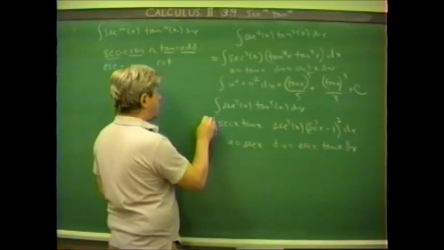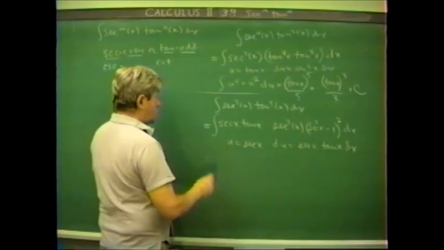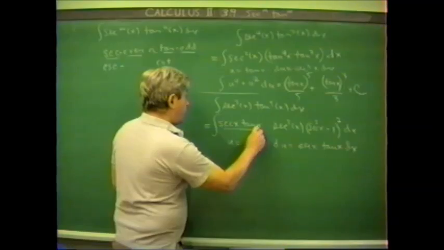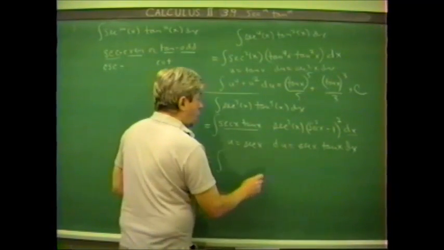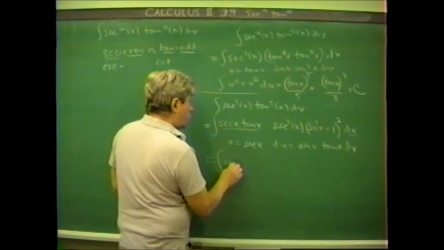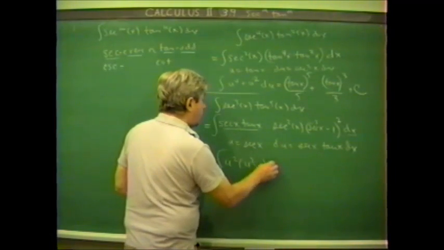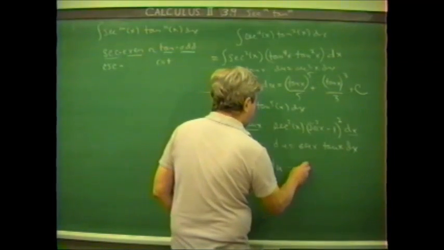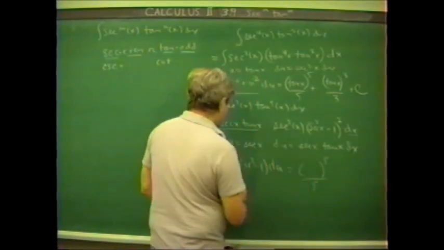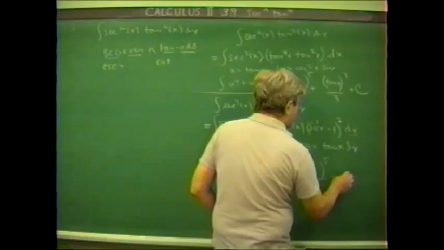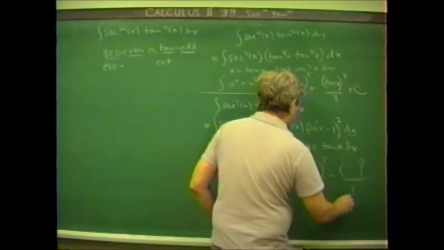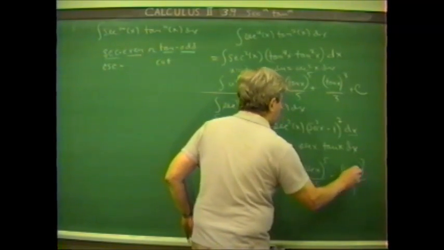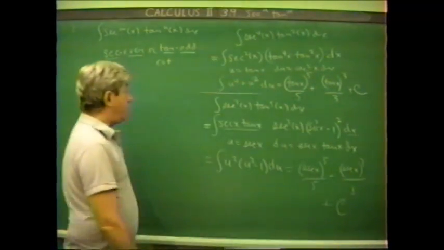And this then becomes, here's du, and we've got u squared times u squared minus 1 du, which is u to the fourth minus u squared. The antiderivative of u to the fourth is u to the fifth over 5, minus the antiderivative of u squared, which is u cubed over 3. And now u was secant x. So that plus any constant is the antiderivative there.